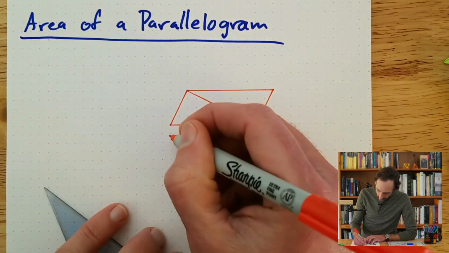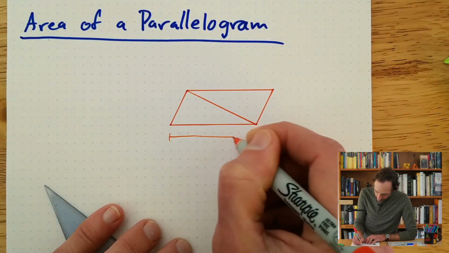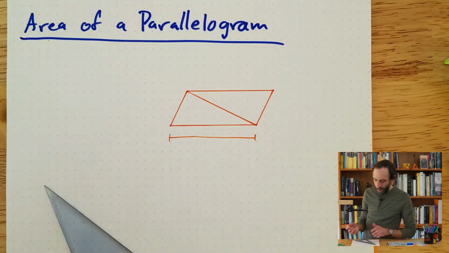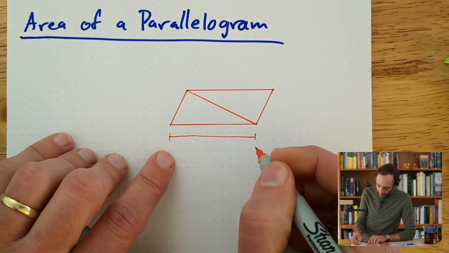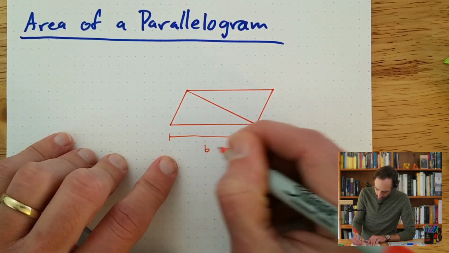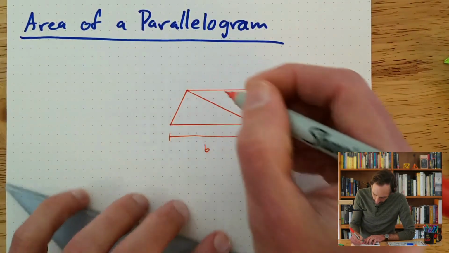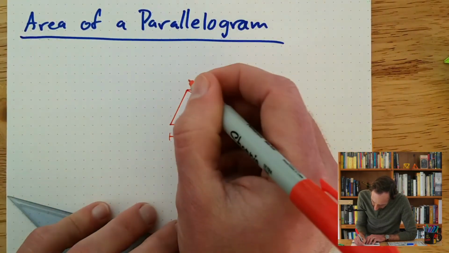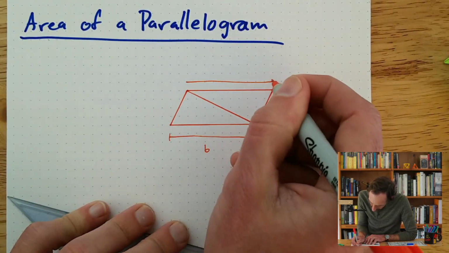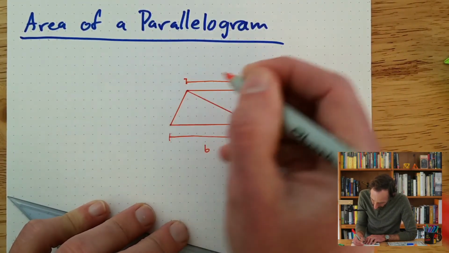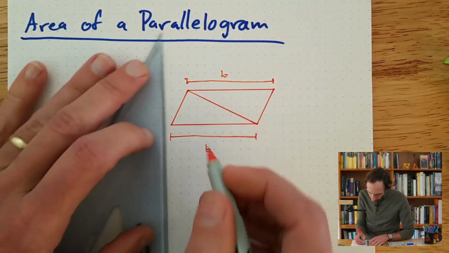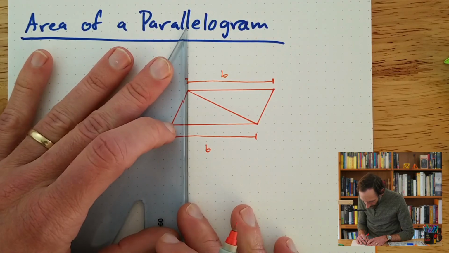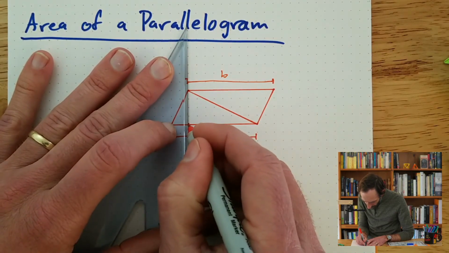And in a parallelogram, these opposite sides have the same length. And so whatever this length is here, we can call this the base. It's going to be the same as this length up here. Okay, so this is also the base. And then we can say, okay, well then let's find the height of this triangle right here.